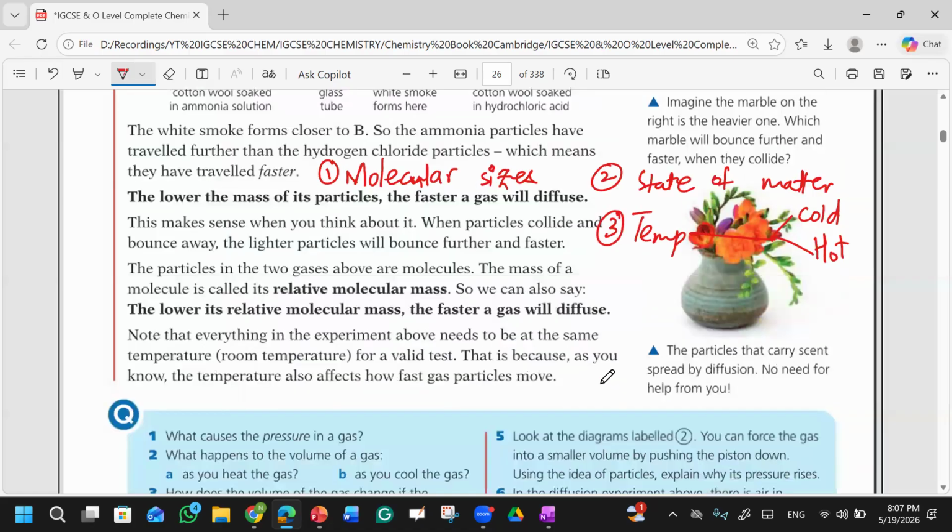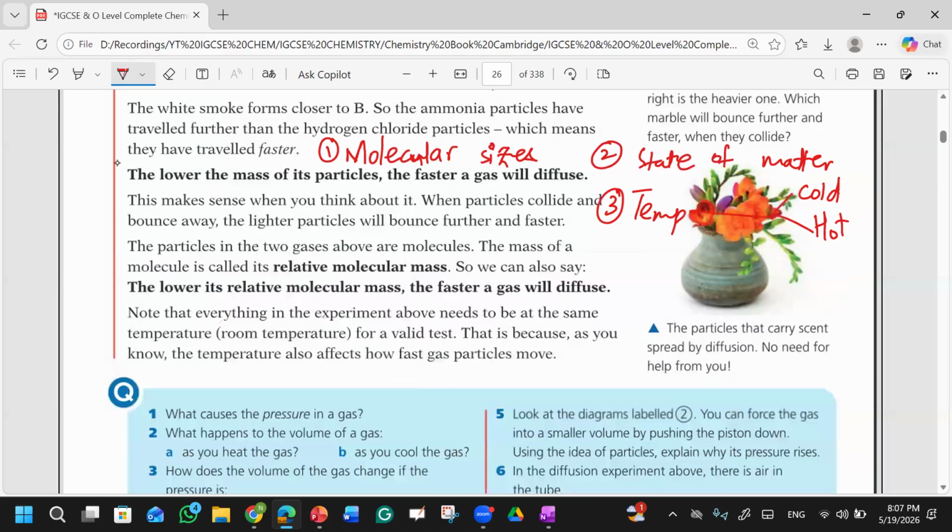So, if you see, the lower the mass of the particle, the faster a gas will diffuse. Because it is easy, right? If you see these, these are small particles, so they can easily diffuse. They can easily go from one place to another.